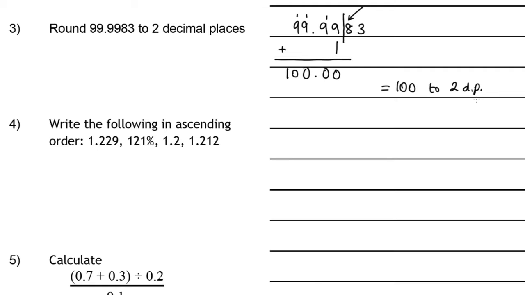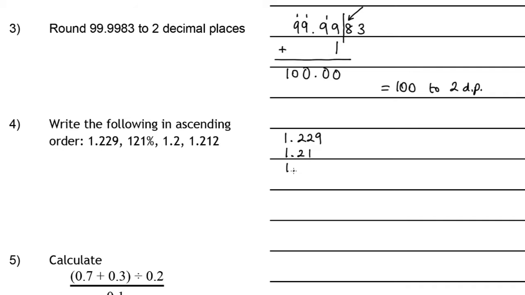Write the following in ascending order. 1.229, so let's start with that one. Then we get 121%. Now what we need to do is have this as a decimal so we can directly compare it with these other three. 121% is 1.21.